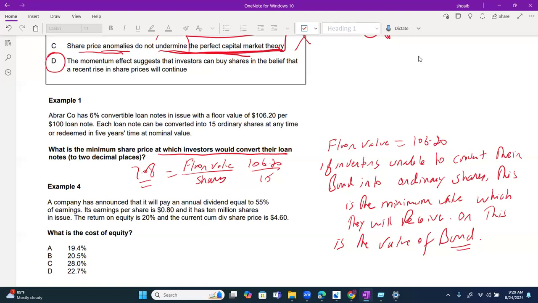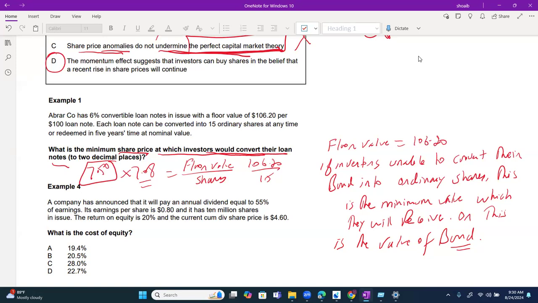Let me correct. It cannot be lower. No value can be lower than the floor value because floor value is the minimum value. So if the conversion value, look, what is 7.08? 7.08 is the share price at which investor would convert their loan notes. It is that share price at which shareholder will think that the bond is convertible. I'm saying that if this market value is 7.5, the convertible bond will become attractive.